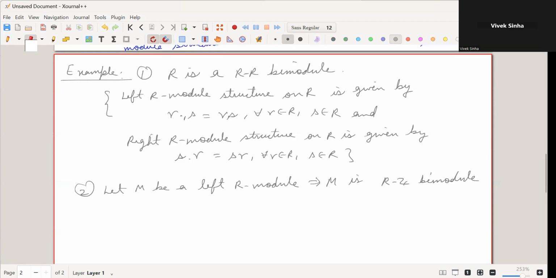As per the definition, there should be a left and right module structure.